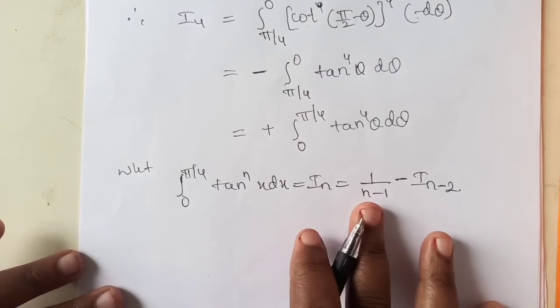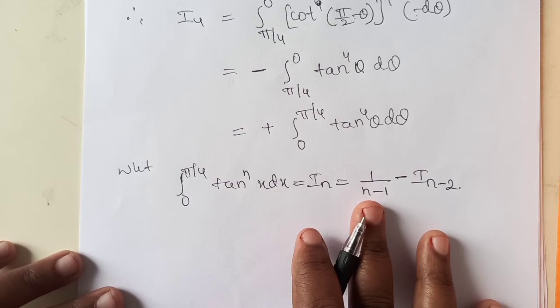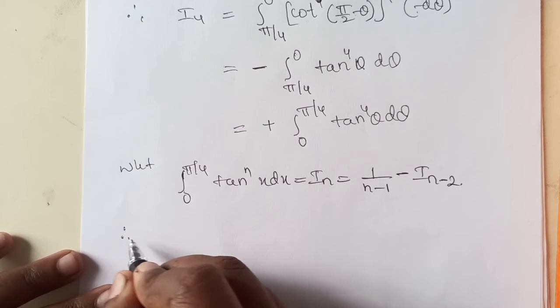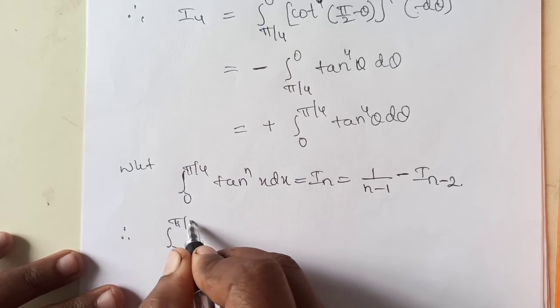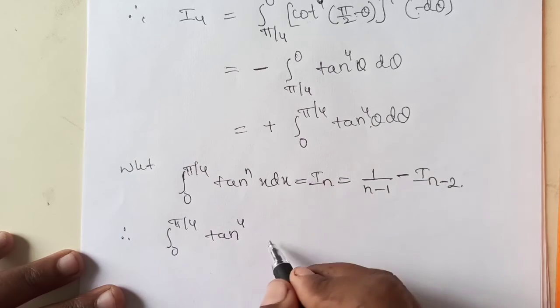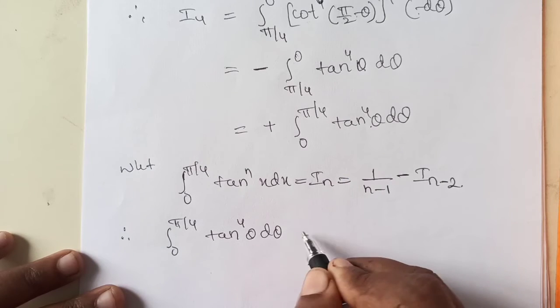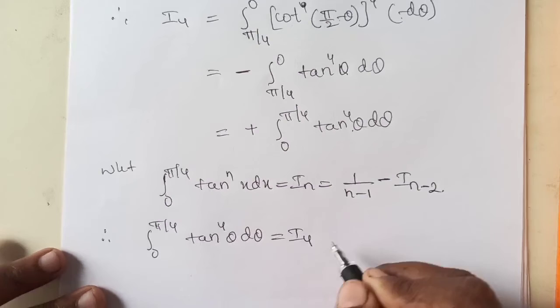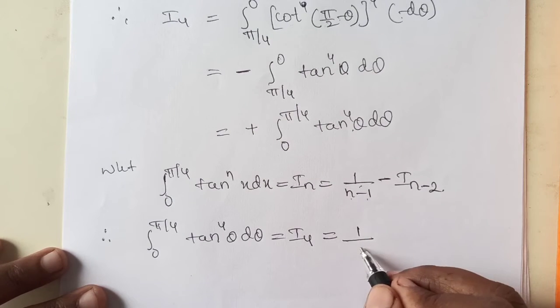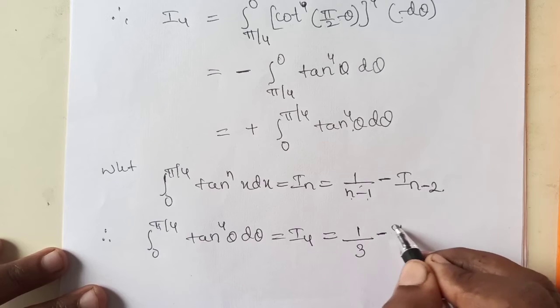Using this formula we can easily calculate this. So the integral of tan 4 theta d theta, which we consider as I4, equals 1 divided by n minus 1, which is 3, minus I2.